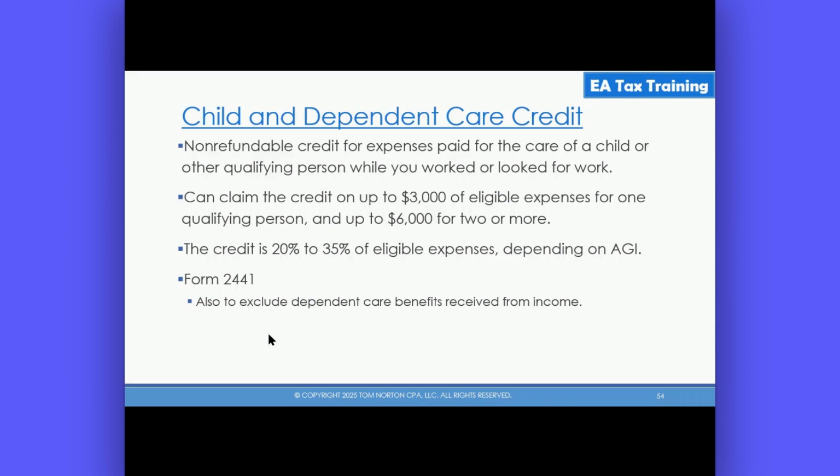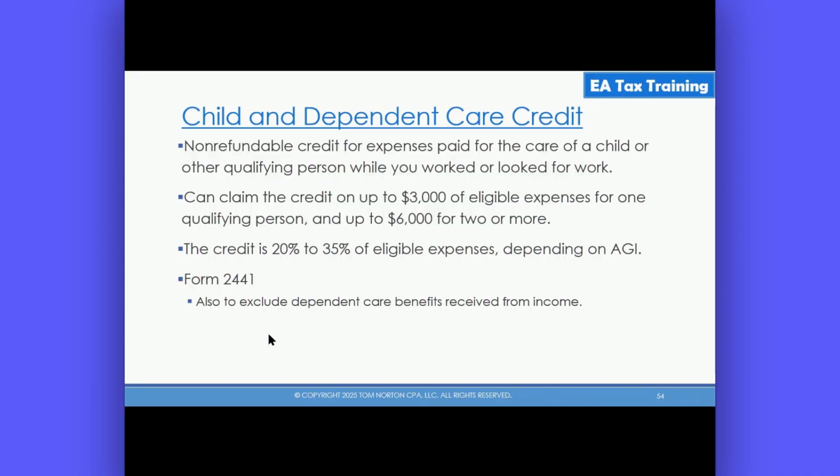However, it's only if you're paying those expenses in order to work or to look for work. This is not so that you can go play tennis. This is not even for you to go to school. That doesn't count. It has to be for you to work or to look for work.